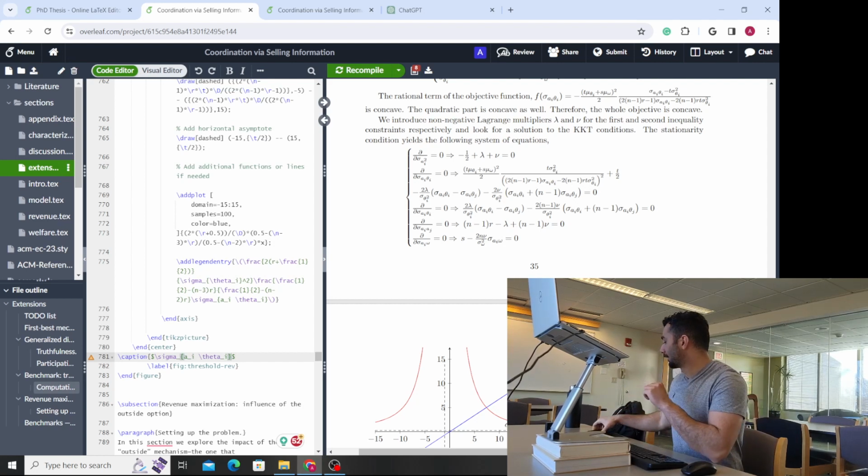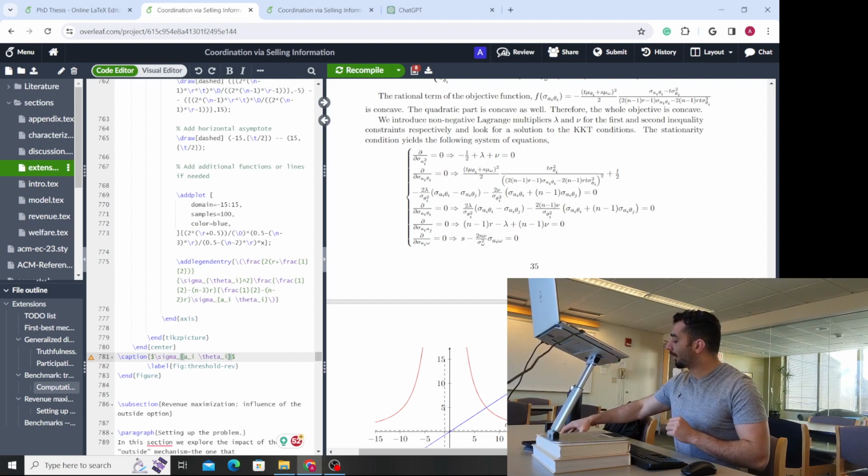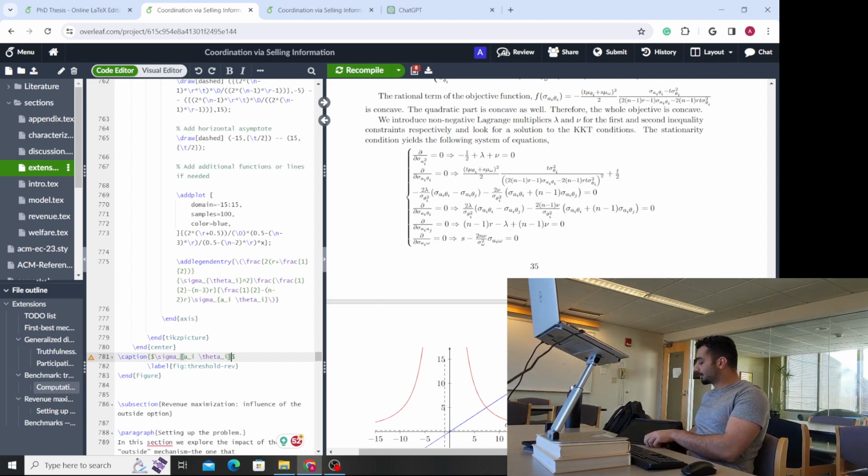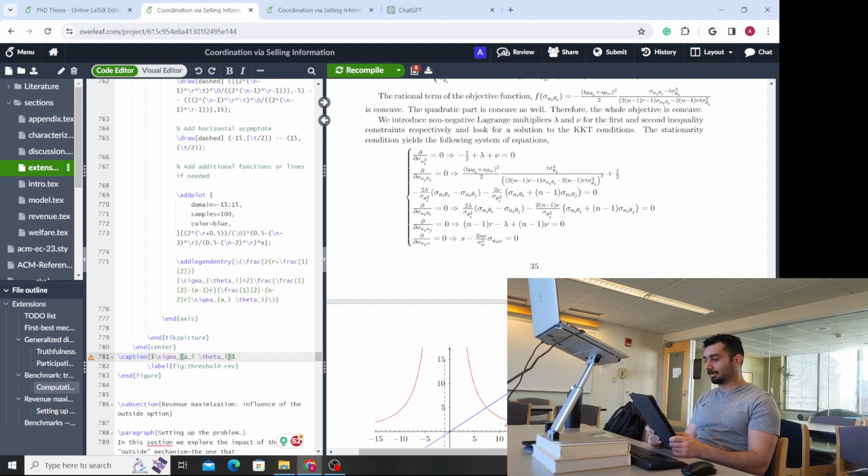If you remember, we were drawing the graphs for two examples, one for Cournot and one for Bertrand. All right. I want to look at the parameters.